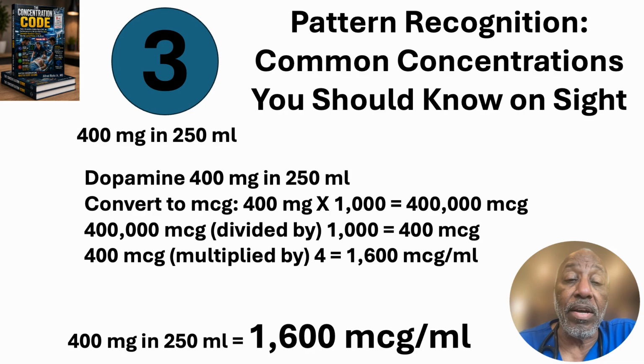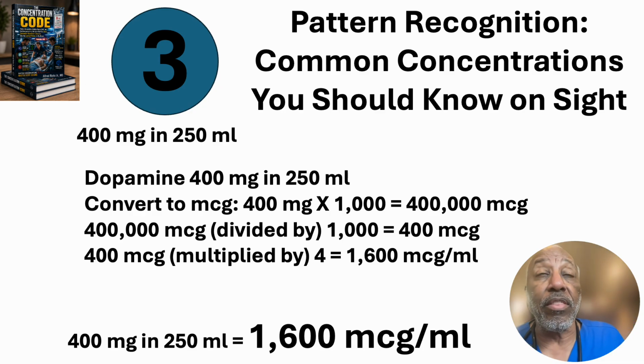This is a much higher concentration than the norepinephrine example, which makes sense because dopamine is dosed at a higher absolute amount. At a typical dose of 10 mics per kilogram per minute for an 80 kilogram patient, you need 800 micrograms per minute, which is 48,000 micrograms per hour, divided by 1,600 micrograms per milliliter, and you get 30 milliliters per hour.